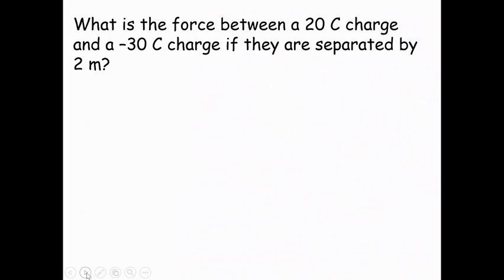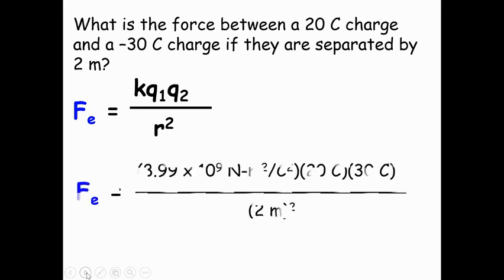We know they'll feel a force of attraction because opposites attract, but how big is that force? We can calculate it using Coulomb's law. The electrostatic force of attraction is equal to Coulomb's constant, K, multiplied by charge 1 and charge 2, divided by the distance separating them squared.